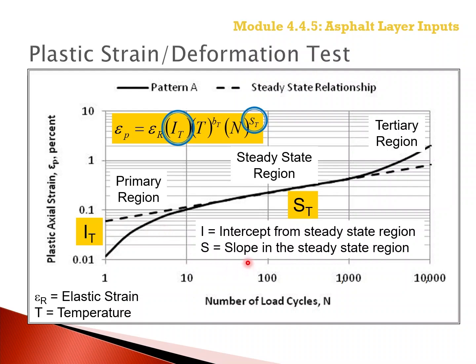Both values can be used as inputs to the MEPDG. The rut depth transfer function included in the MEPDG is shown on the slide, along with the two parameters derived from the laboratory test results.